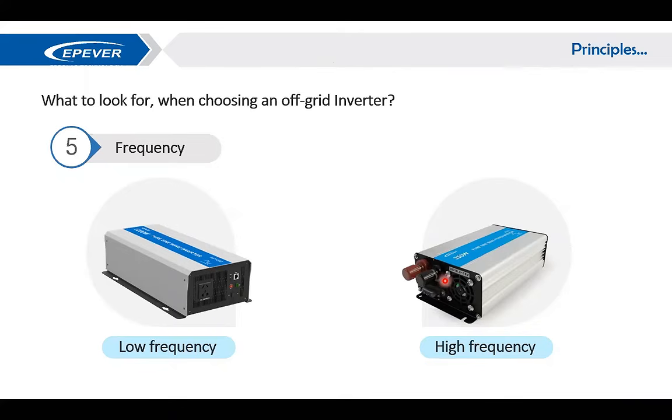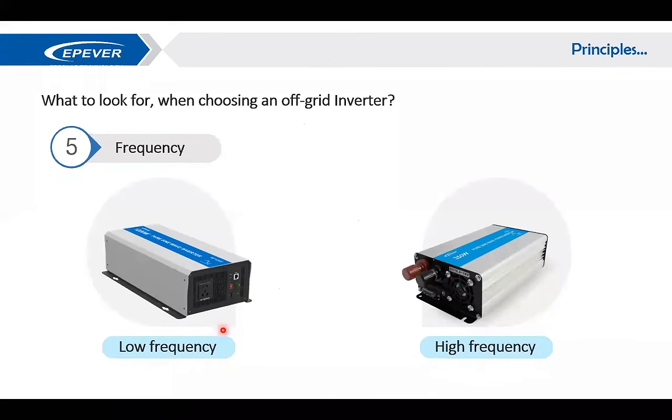Both of these inverters have their own applications based on their load type, and depending on the load surge power, you may need a different type. Low frequency inverters are capable of absorbing surge loads. As we discussed in the second slide, these kinds of inverters have a higher capacity for surge power.